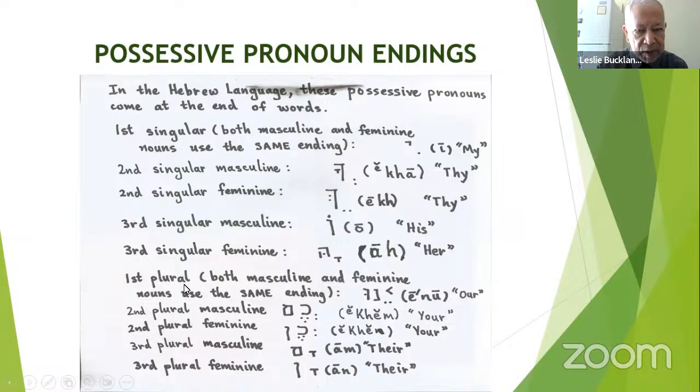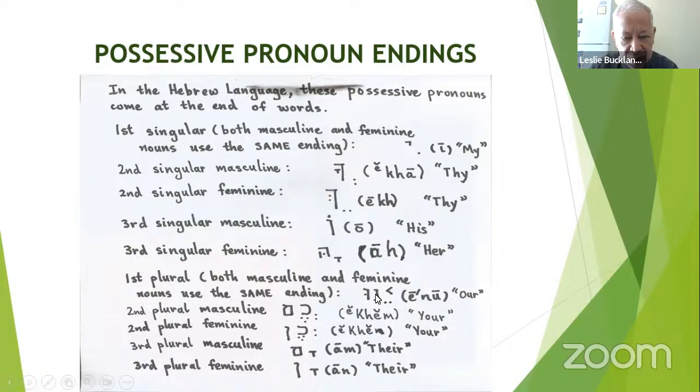Then we come to the plural section of the possessive pronoun endings. The first person plural may be used with both a masculine gender noun and a feminine gender noun. And it is spelt as follows. You have the accent indicated by the arrowhead. Underneath it, you have long sire, which is a long E, pronounced like our A. And this is emphasized, this line going up is to say that this is to be emphasized.